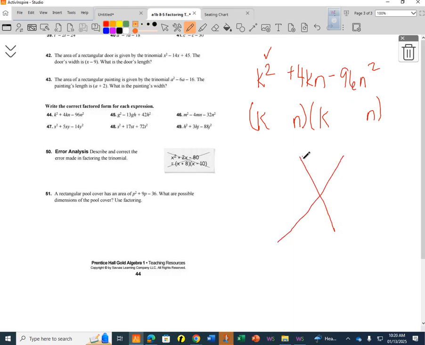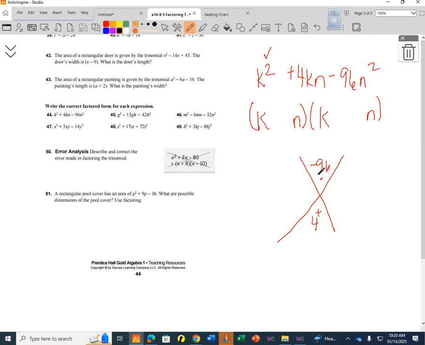So our last term is negative 96. Our middle term is positive 4. And I'm looking for factors of negative 96, so that when you add them together, it'll be positive 4.